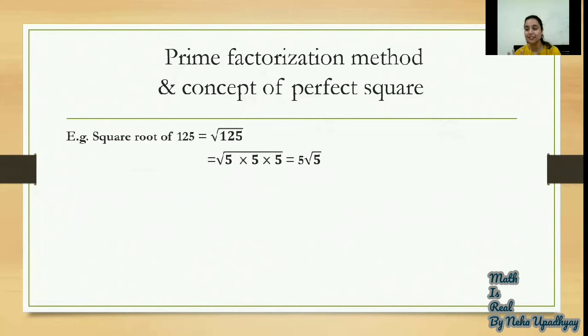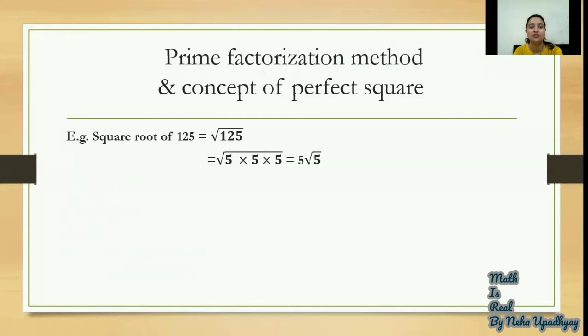All the numbers that have only two factors, 1 and the number itself, or in other terms, the integers which have only 1 or the number itself as divisor, are called prime. So whenever you are using the prime factorization method, you should always keep in mind that I will break the bigger number into prime numbers.